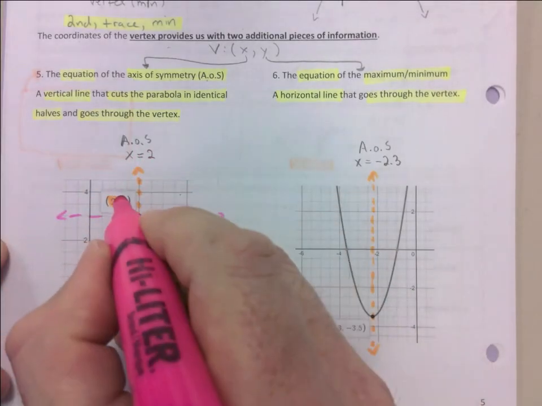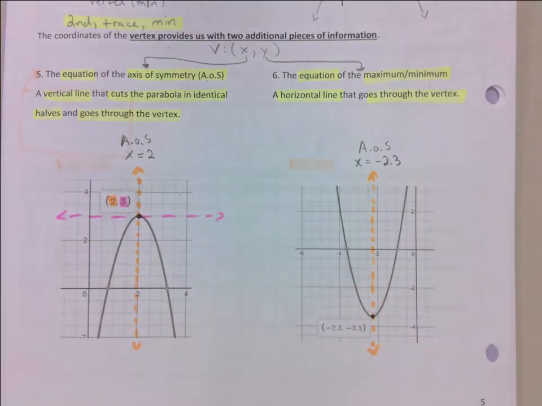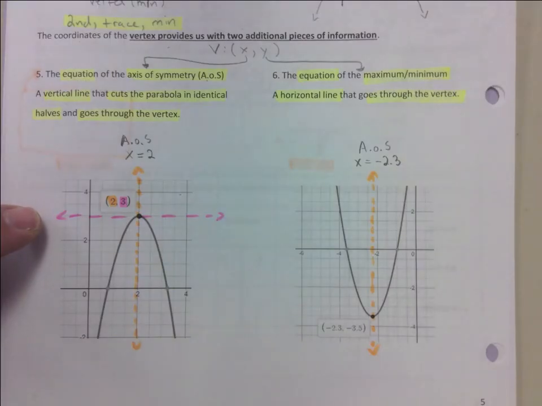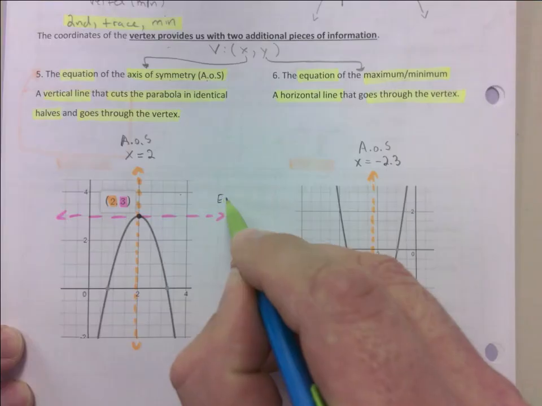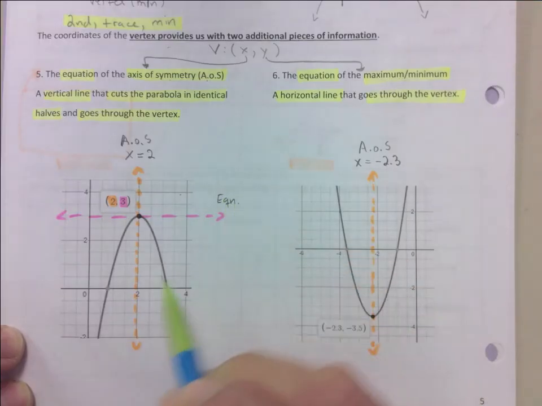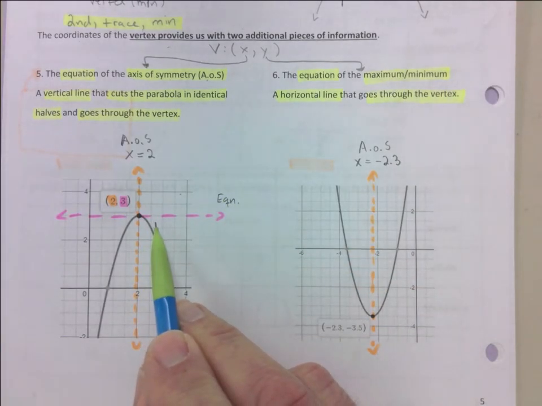And that is the y value of the vertex gives you that. So this equation, what is this equation of the min or of the max?